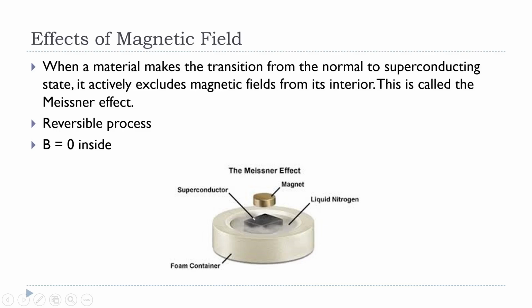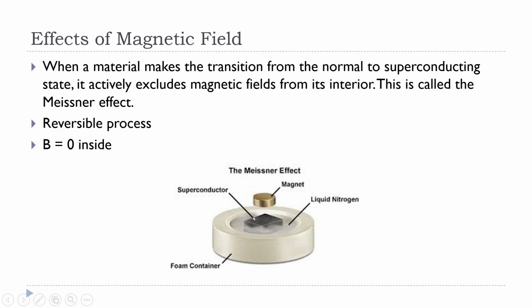Now let us pour liquid nitrogen into that sample, into this region. Liquid nitrogen is very cold. It reduces the temperature here. Now, if the material becomes nearer to its critical temperature, Tc, at that point, this material changes into the superconducting state.